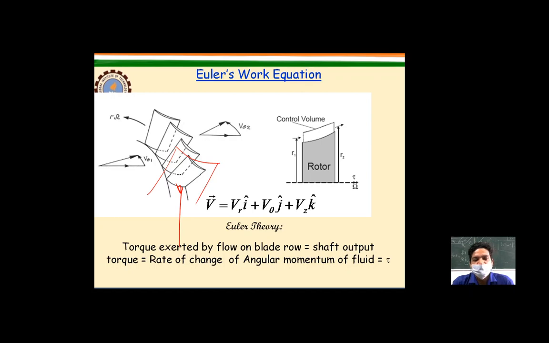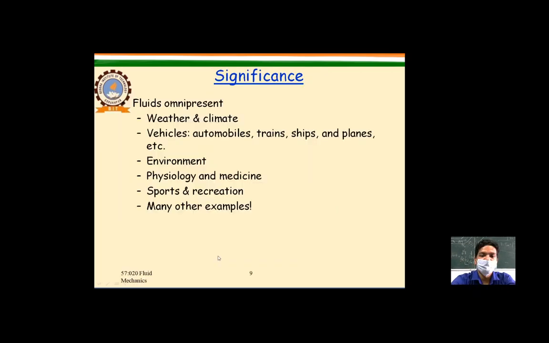If we see the whole work conversion in a wind turbine, then the torque exerted by the flow on the blade room is the shaft output torque, and it is the rate of change of angular momentum of flow.